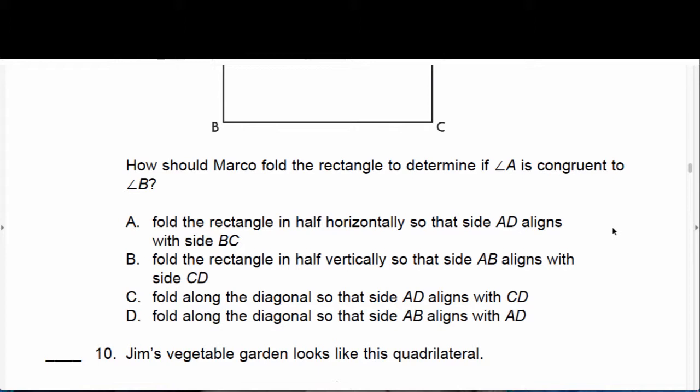B. Fold the rectangle in half vertically so that side AB aligns with side CD. C. Fold along the diagonal so that AD aligns with CD. D. Fold along the diagonal so that side AB aligns with AD.